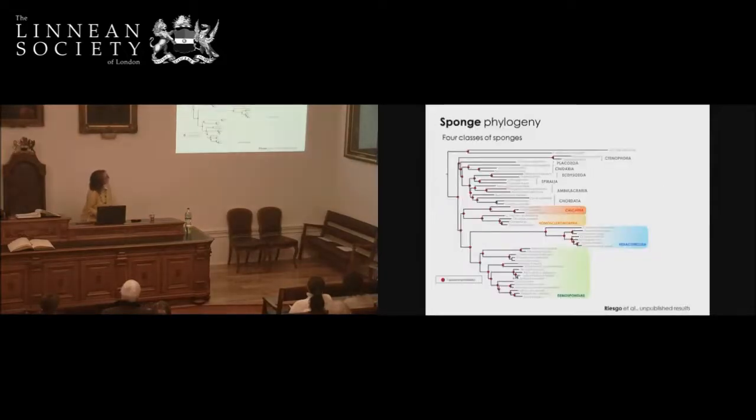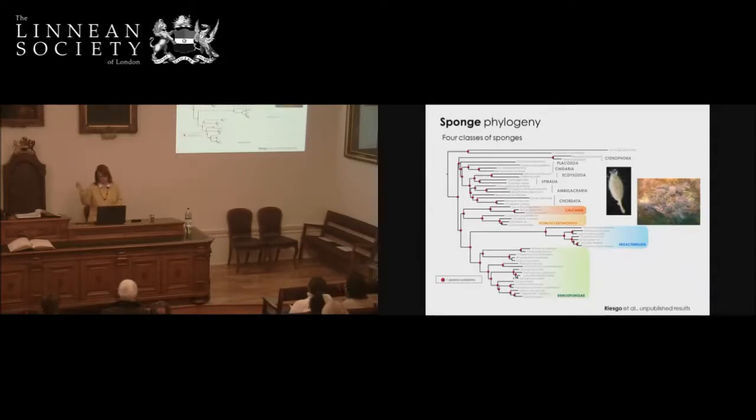I don't know if you can see this very well, but this is just an introduction to the different classes of sponges. We have 4 different classes of sponges. The first one is calcareous sponges, calcarea. They make their spicules using calcium carbonate. But the rest of the sponges make the spicules using silicate. These are the homoscleromorpha.